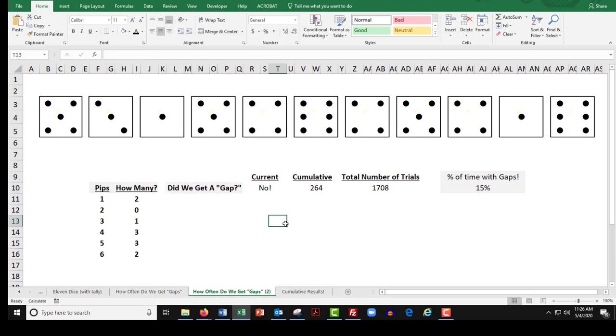That's totally fine. You don't have to define it as 2 or more. You could define it as exactly 2, or 3 or more, or 5 or more, or any number of ways. I chose 2 or more because 2 happened to me, and in my heart of hearts, if I had seen even more gaps, like 3 or 4 or 5, that would have surprised me even more so. So I decided to lump them all together.